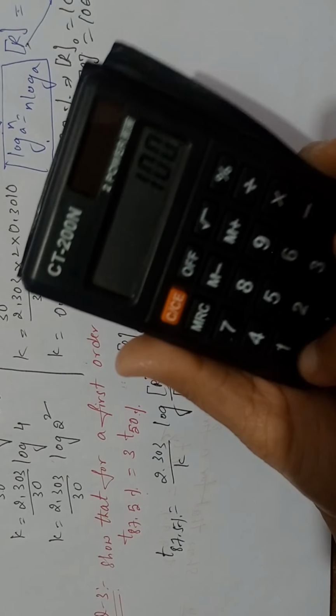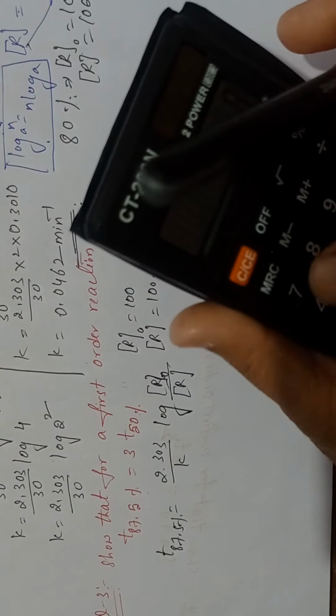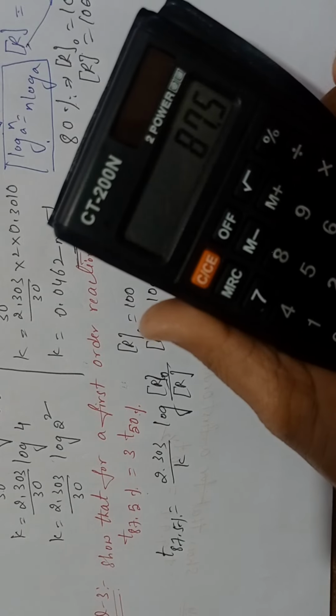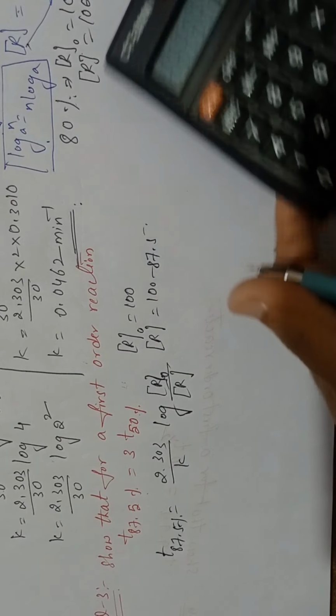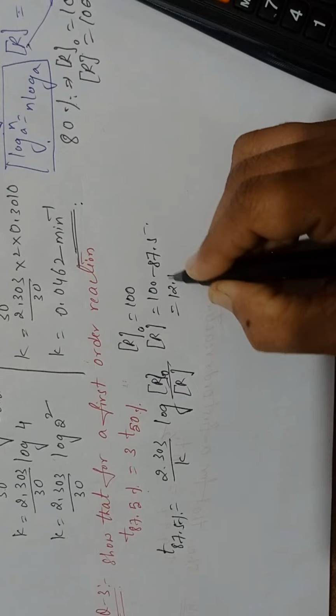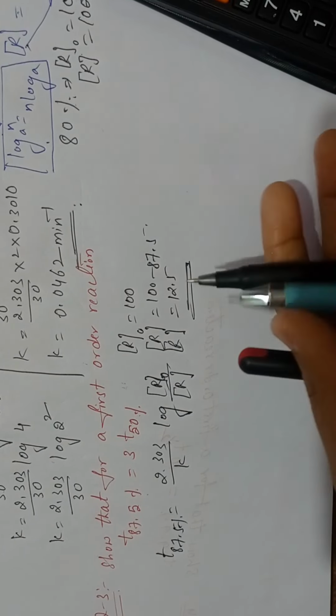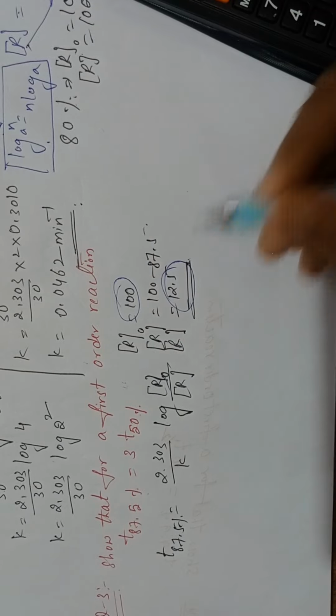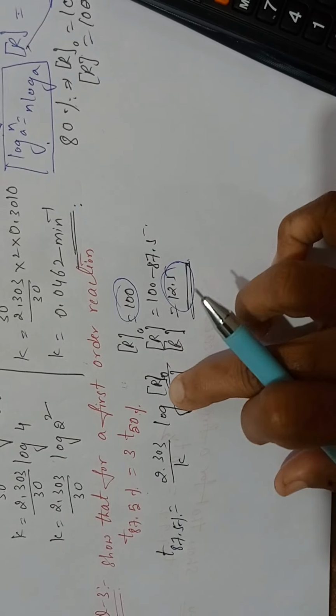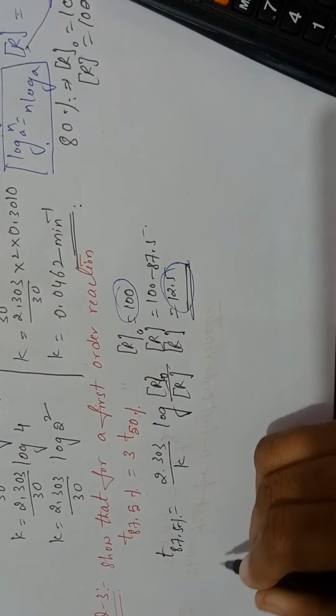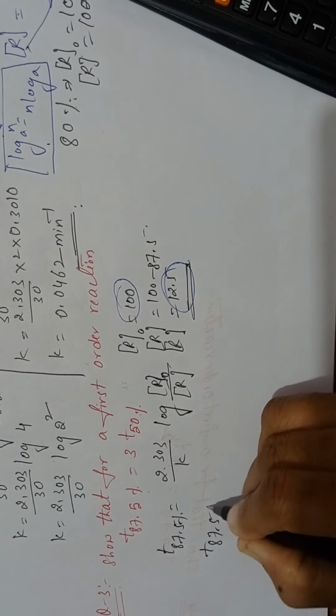100 minus 87.5 is 12.5. So this is the R value, students. This is the concentration of the reactant. This is R naught, this is R value. So these two values, substitute in the formula, then you will get T 87.5%.